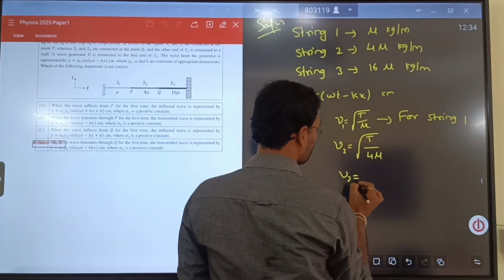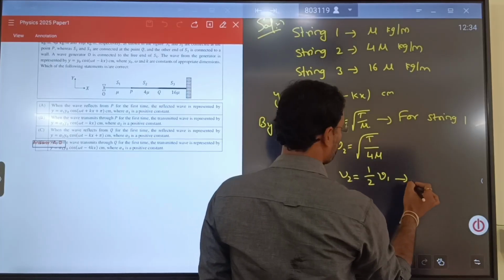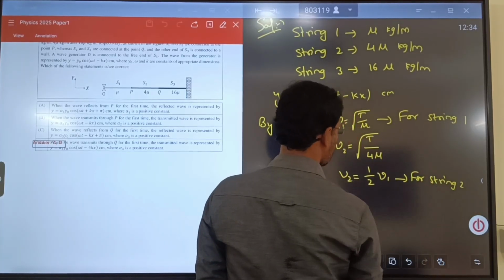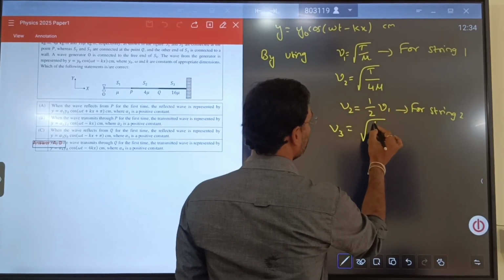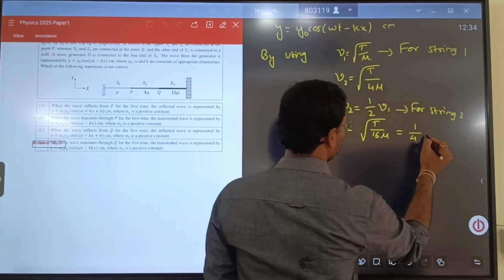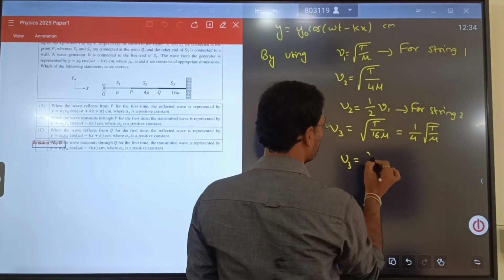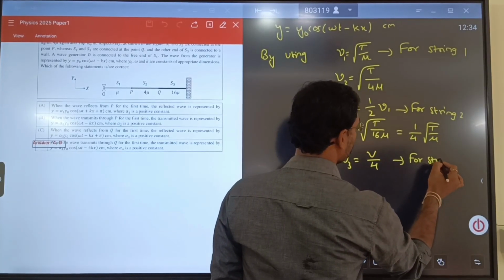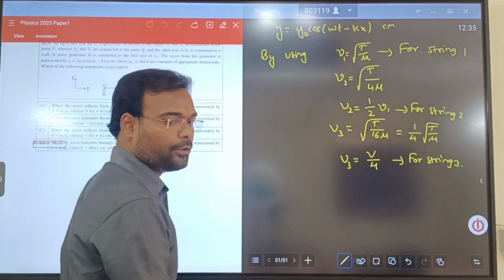That means V2 equals 1 by 2 V1 for string 2. Similarly, V3 equals under root of T by 16 mu, that is 1 by 4 under root of T by mu, or V3 equals V by 4. This is for string 3. Clear beta?